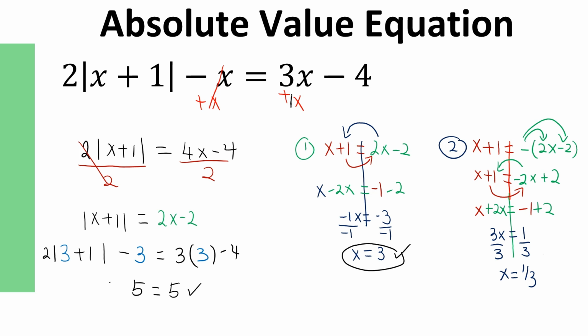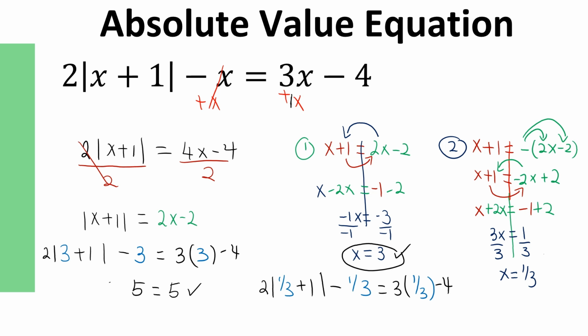And now the next thing we need to check is x equals 1/3. So we're going to do the same thing. So we have 2 times 1/3 plus 1, minus 1/3. Does that equal 3 times 1/3 and then minus 4?